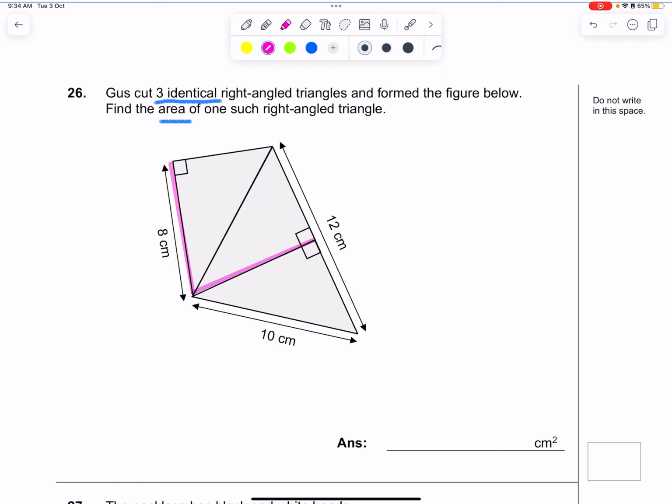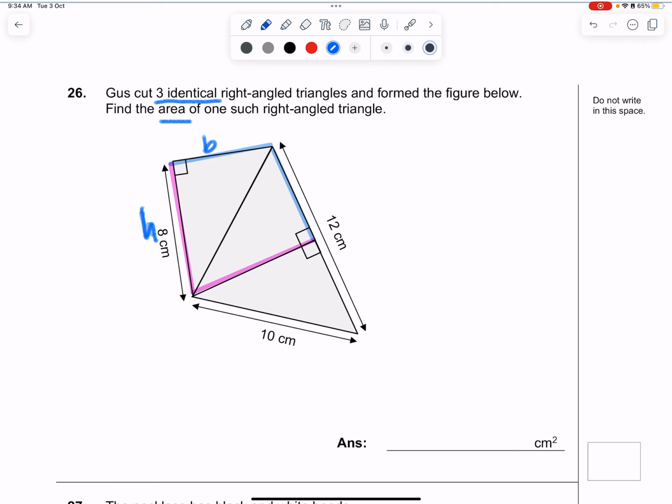So I'm going to take this as my height. Now remember, when you are trying to determine your base, it is the one that forms the right angle. So the one that forms my right angle is actually this part over here, which is the same as this part. So I'm going to take this as my base.